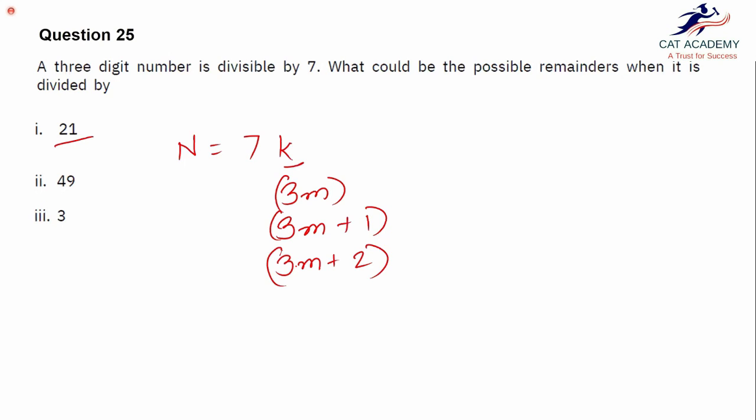Right? So I wrote K like 3m, 3m plus 1, 3m plus 2. One of these three numbers would be K. Correct? So let's write 7 into this, 7 into this, 7 into this. So that means n is equal to this, or n is equal to this, or n is equal to this.